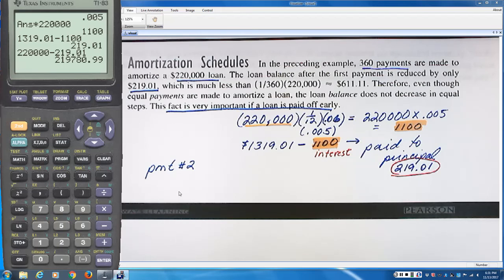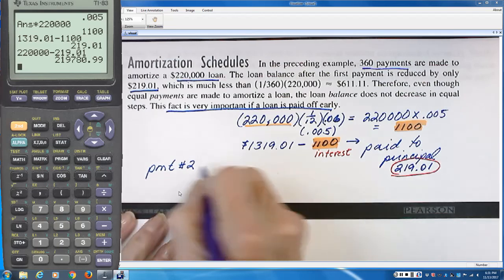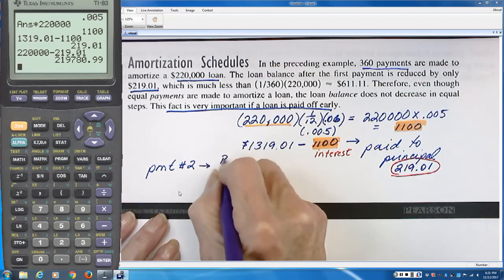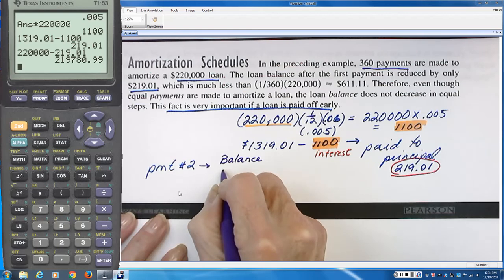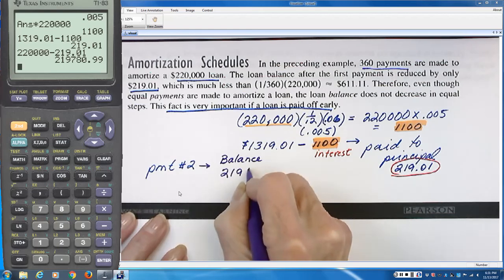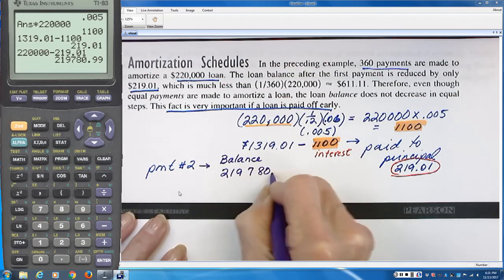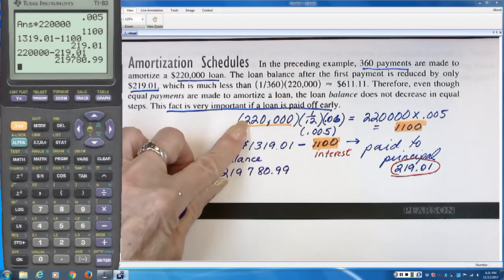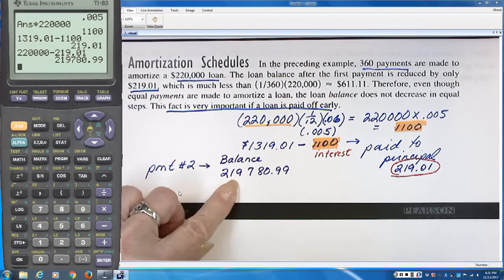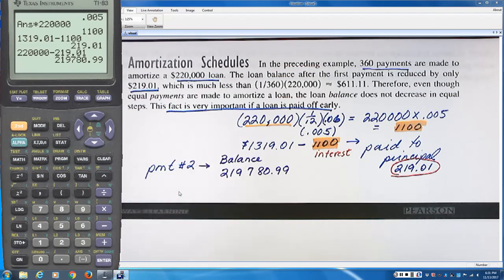So here's your new loan balance. Now granted, that's less than the $220,000 from last month, but not a whole lot less.